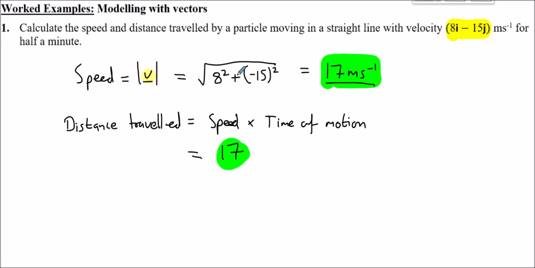And the time of motion, we're told that it's been travelling for half a minute. So the time of motion is 30 seconds. So it's been travelling at 17 meters per second for 30 seconds. The distance travelled will be therefore 17 multiplied by 30, which will come out to be 510 meters.